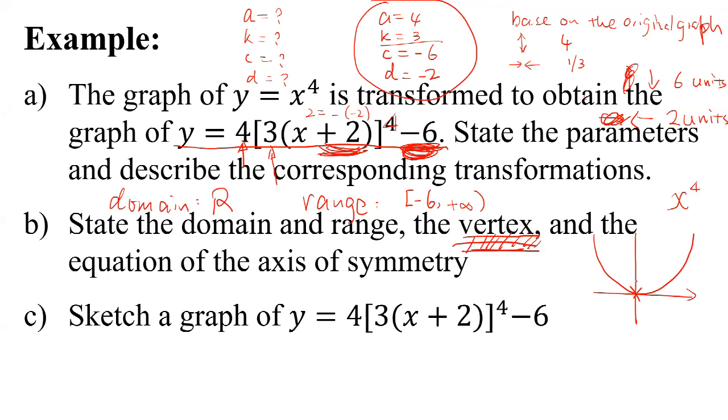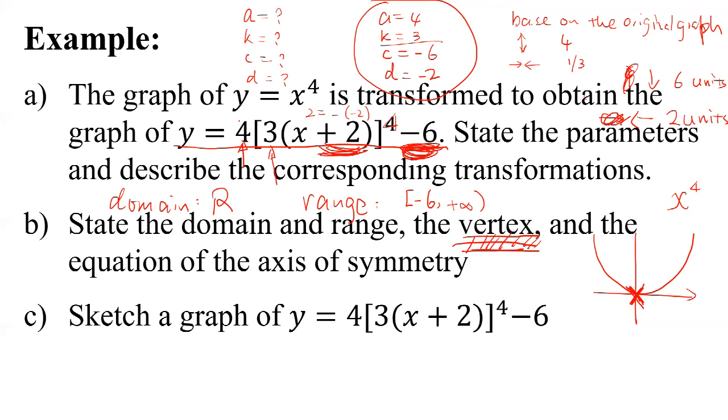So after transformation, the vertex has also been transformed to a new position following this transformation, right? So one of the methods to find the vertex is just to use the following transformation, right? And another way to find the vertex is note that the vertex of x to the 4th is just a minimum point of this graph, right?